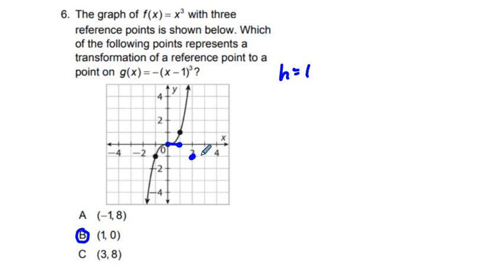And this one here is going to shift to the right one and go up like this. So these are the three reference points that are transformed, only one of which is given as an answer choice B.